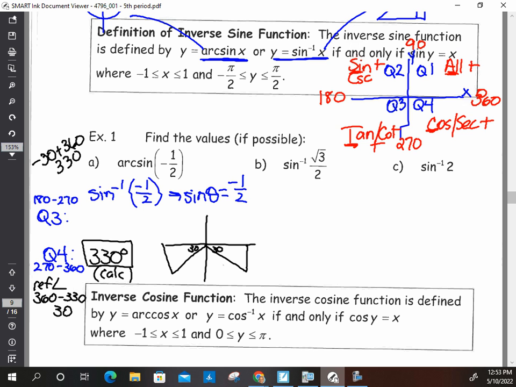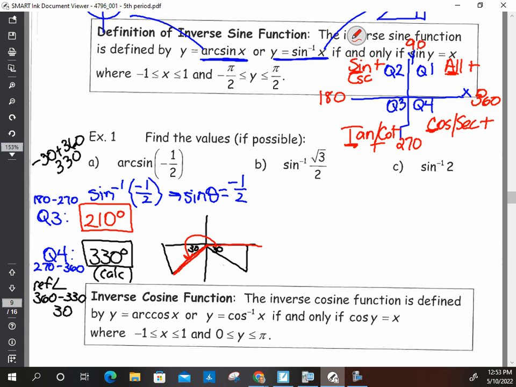So now I want to know, how much is that angle? If that's the 0 line, that's 90, that's 180, if I add 30 more, what does that give me? 210. So your quadrant 3 angle is 210 degrees.